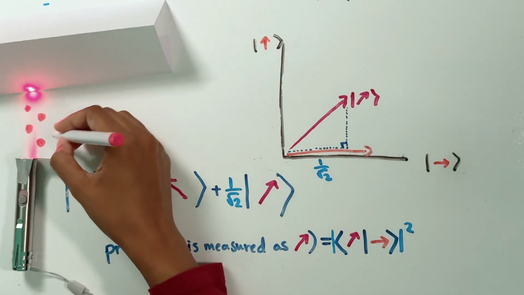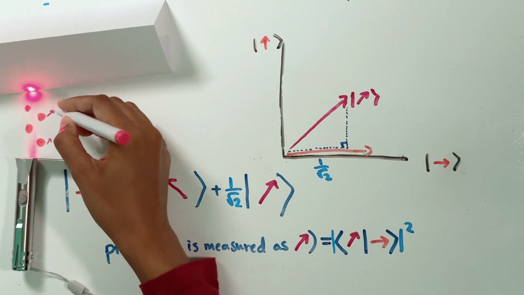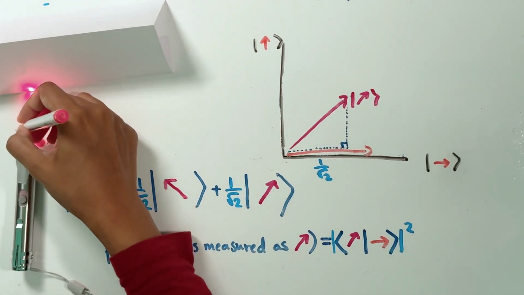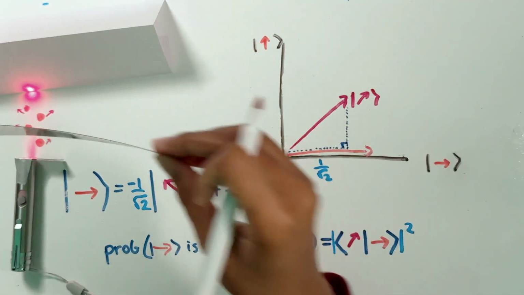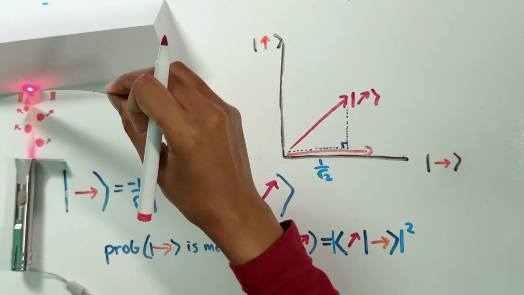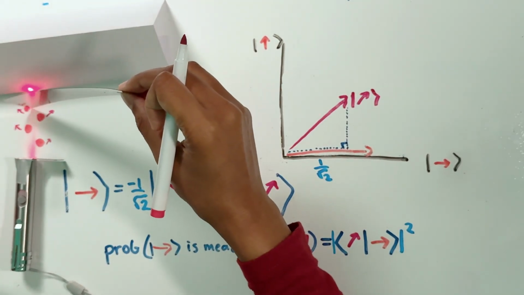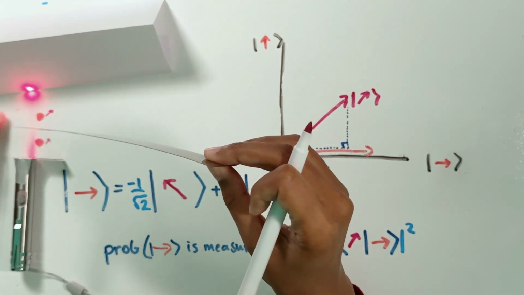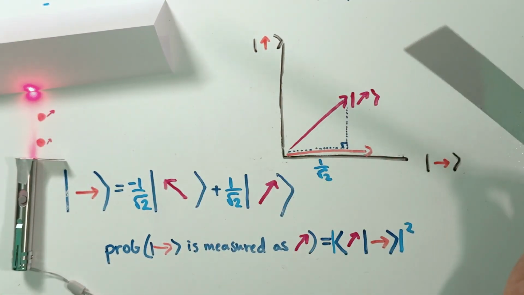Then it's kind of tempting to think that some of these will happen to be this type of light, and some of this will happen to be that type of light, so that when you do a measurement at 45 degrees, what you're doing is you're cutting out the ones that don't align with this measurement. So that would be these two. All right, so this is actually the wrong way to think about this.